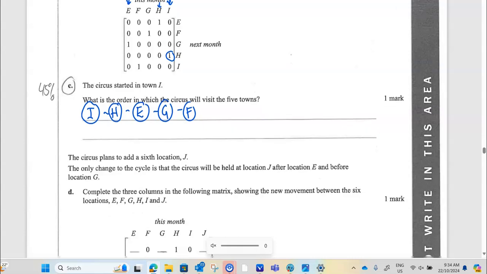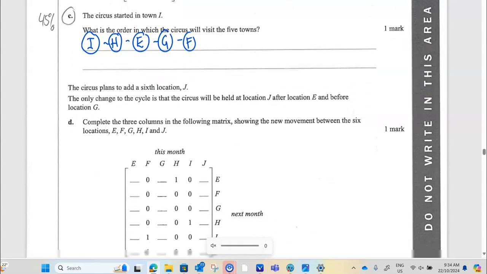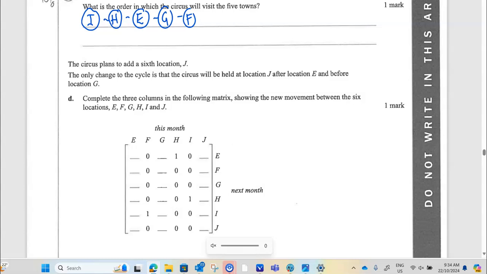Now let's go. This question says the circus plans to add a 6th location. The only change in the cycle will be that the circus will be held at location J after location E and before G. What happened here is that you could do it, but there was more than one change.